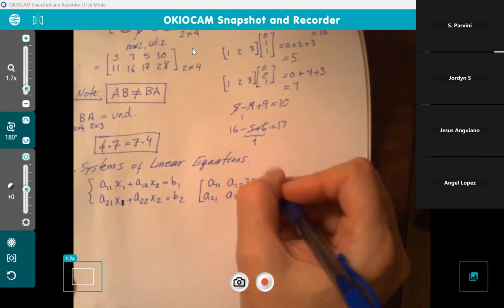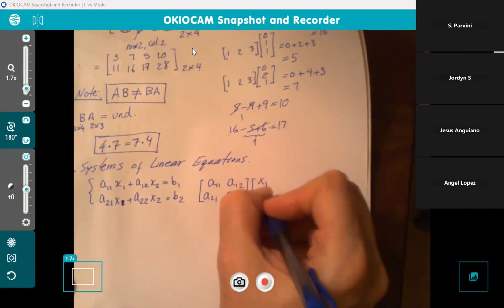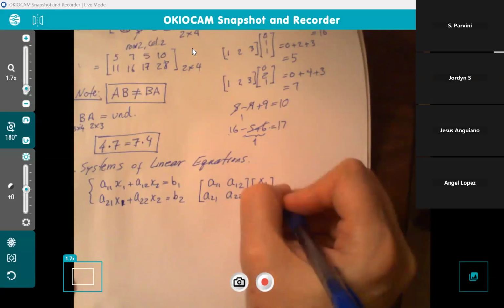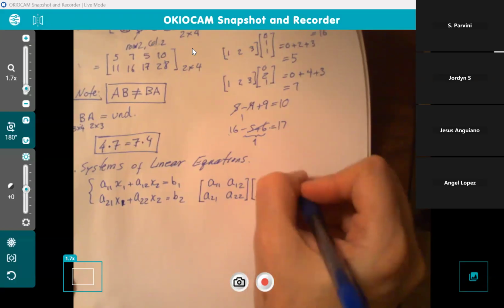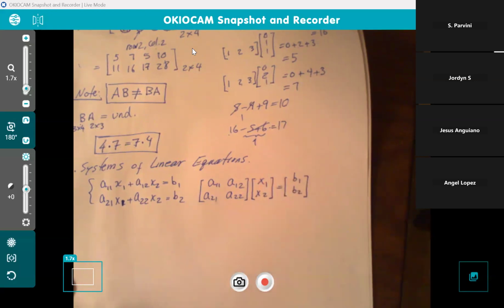This is a column vector now. A column matrix means it has 1 column, 2 rows of variables equal to a column matrix of constants.